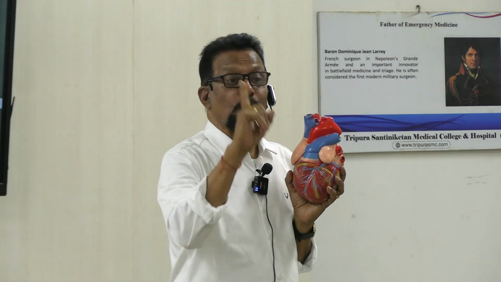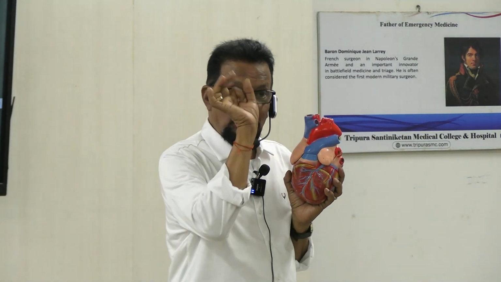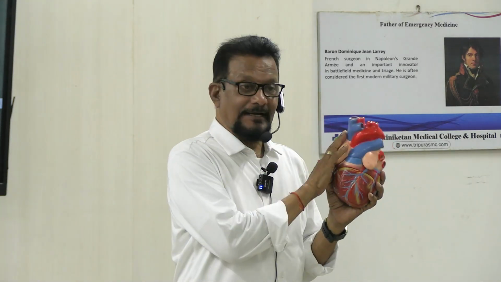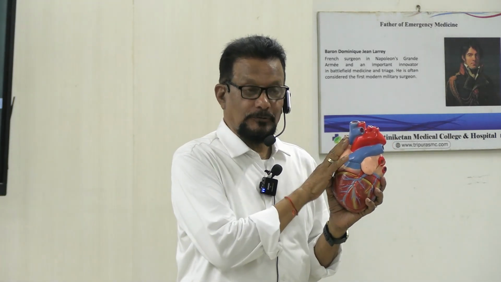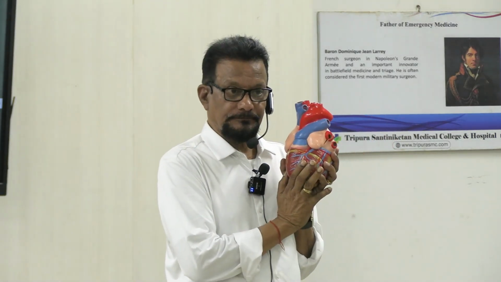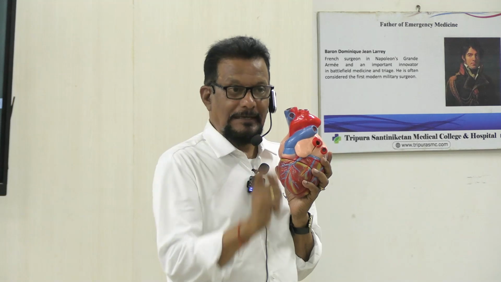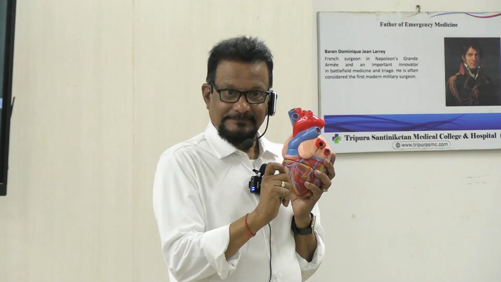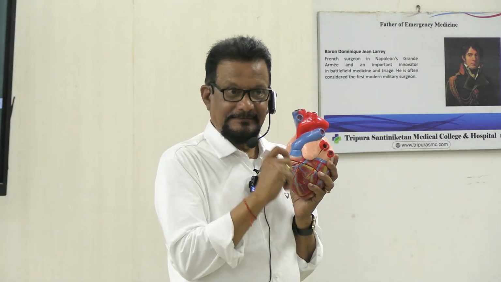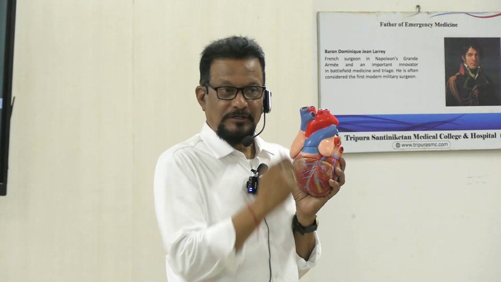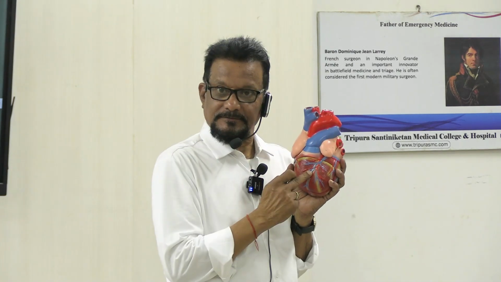There is only one narrow path through which the cardiac impulse generated in the SA node can come to the AV node, and that is the bundle of His. That is the only electrical connection that exists between the atria and ventricles.